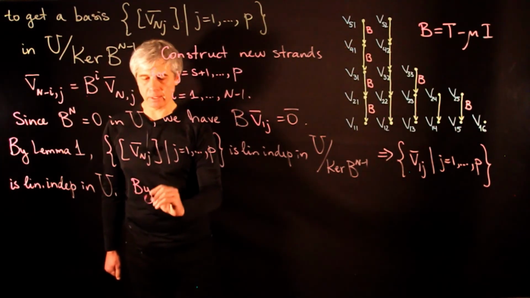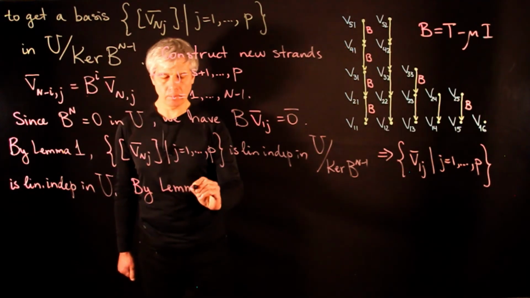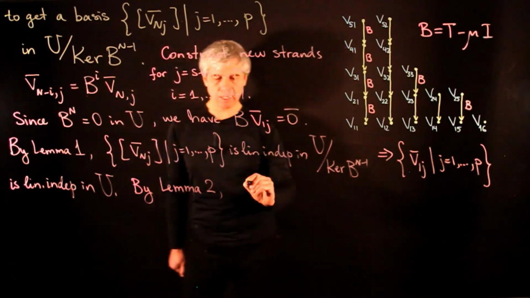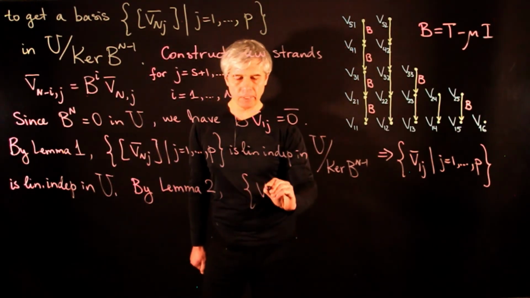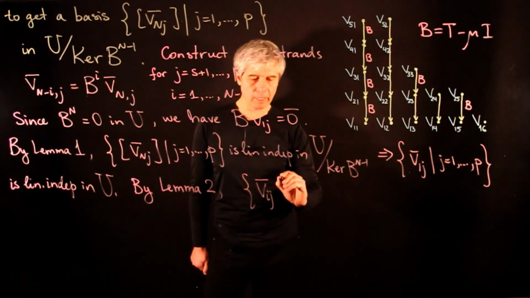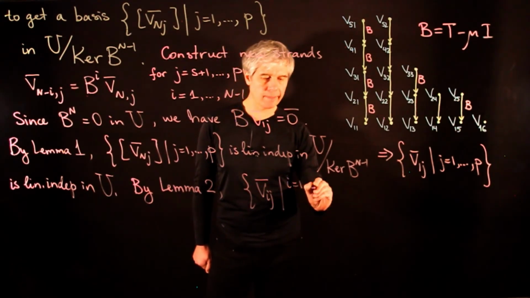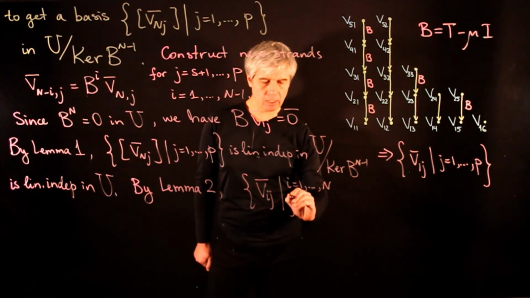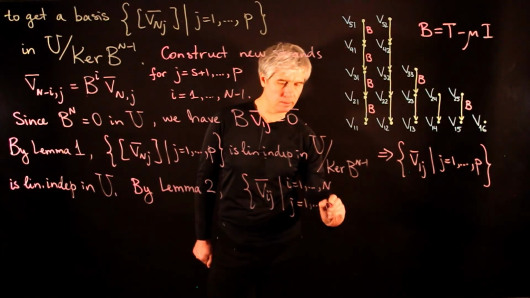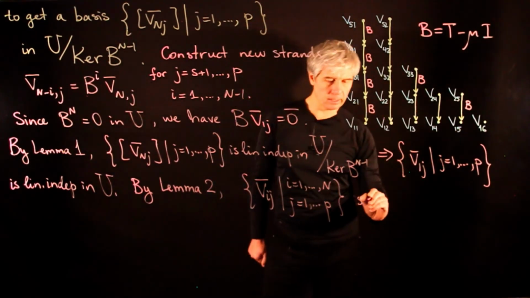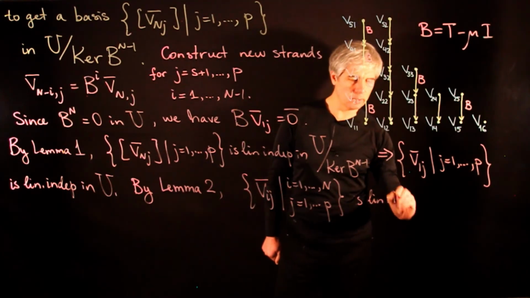So by lemma 2, the complete set of vectors vij, where I goes from 1 to n and j goes from 1 to p, is linearly independent.